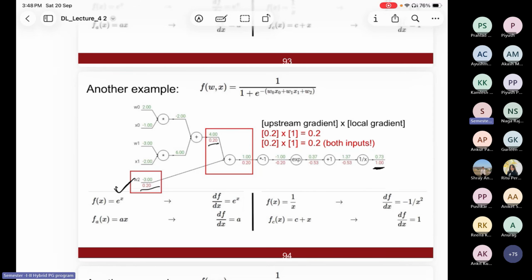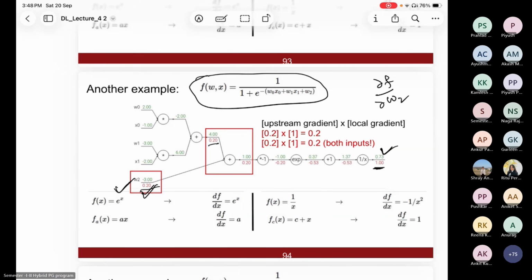It means that del F by del W2, which I have already calculated, is the final thing that you are getting here. Okay. Now we have to go back in this branch. Again we have addition here. Whenever you have addition, you know the local gradient will be 1. So local 1, and you are getting 0.20. So 0.20 will be assigned to this, and 0.2 will also be assigned to this.